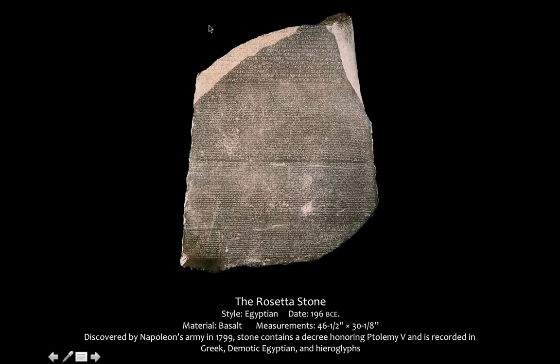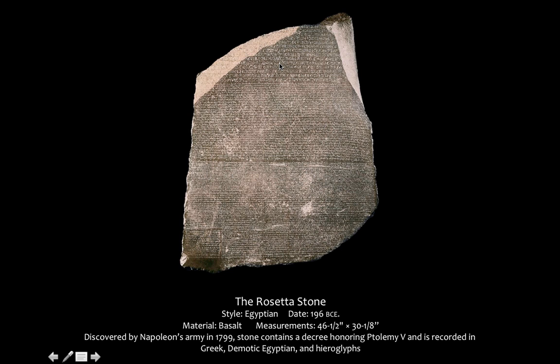And so in order to make sure everybody can read this and understand the rules, they composed this decree in all 3 languages. So this was later discovered in 1799 by Napoleon's army, Napoleon of France, during their military campaign to Egypt. And once this is discovered in 1799, they realized that they have a key to interpreting the hieroglyphics.